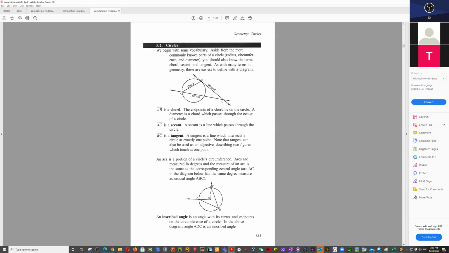And take it to the limit: if you make a full circle, the angle is 360 degrees.